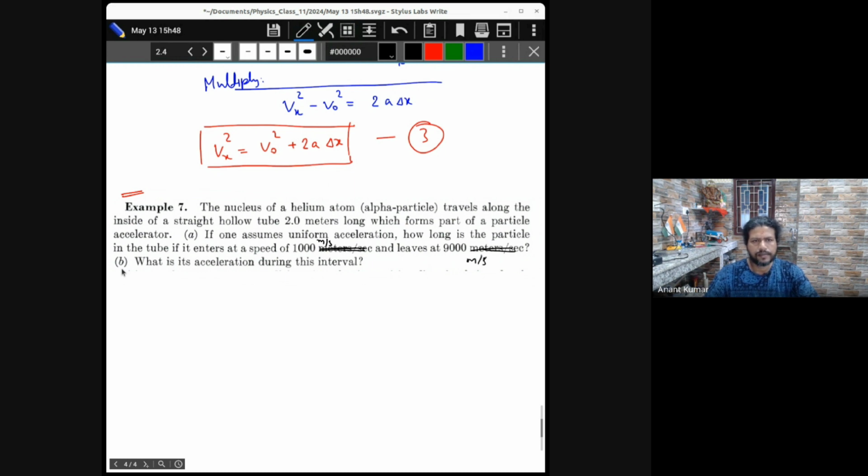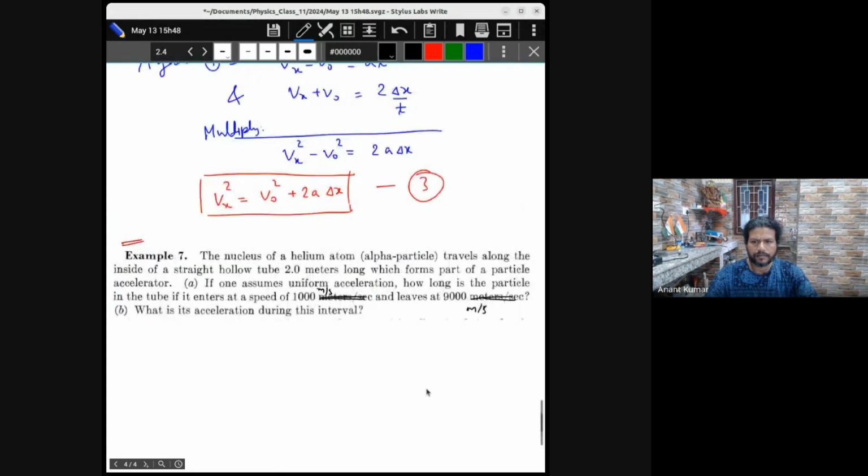We can just apply, because we already know the distance over which it moves, 2 meters. This is the displacement as well. Uniform acceleration, displacement is known. Initial and final velocities are known. You have to find out the time interval. So how much will that be, by the way?